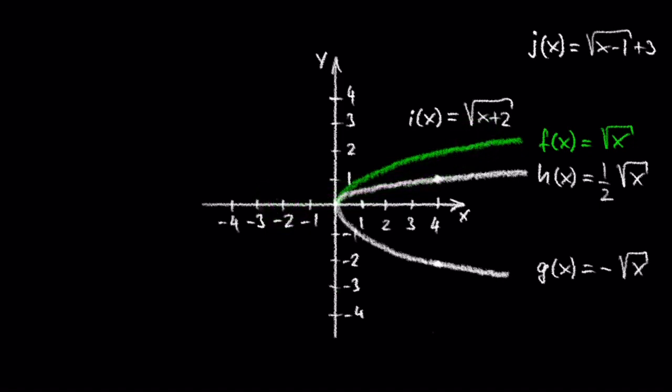So negative 2, 0 is the first point on the graph of this function. And when we plug in a negative 1 for x, we get negative 1 plus 2, which is 1, and the square root of 1 is 1. So negative 1, 1 is also a point on the graph. To make it short, the positive 2 shifts the standard square root graph 2 units to the left.